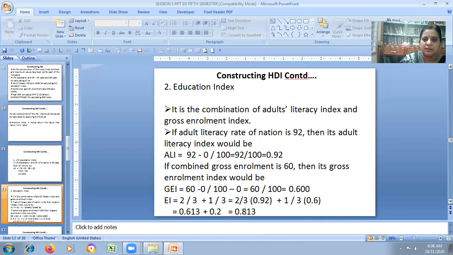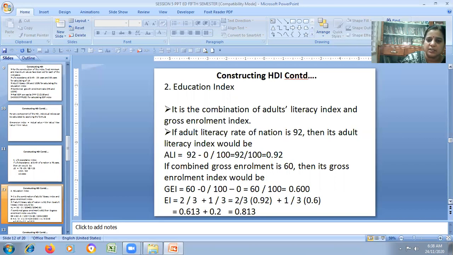Second indicator, that is education index. It is the combination of adult literacy index and gross enrollment index. If adult literacy rate of nation is 92, then its adult literacy index, ALI, is equal to 92 minus 0 divided by 100, which is equal to 0.92.